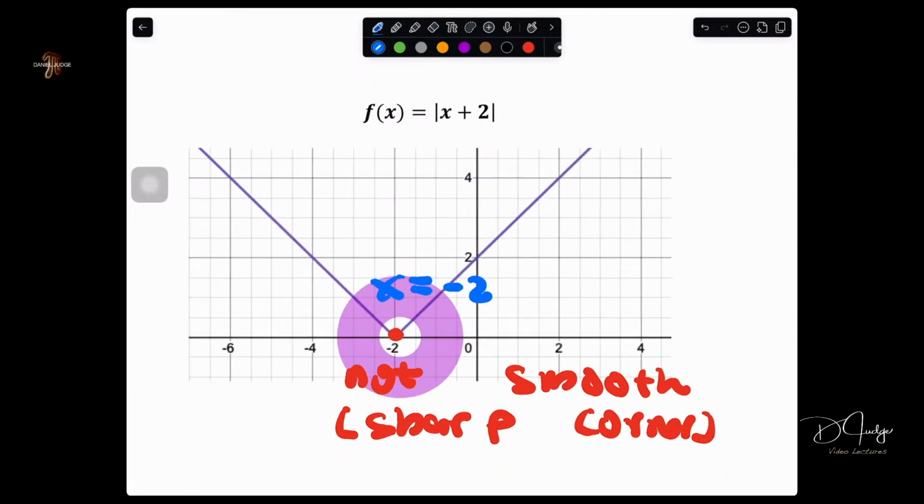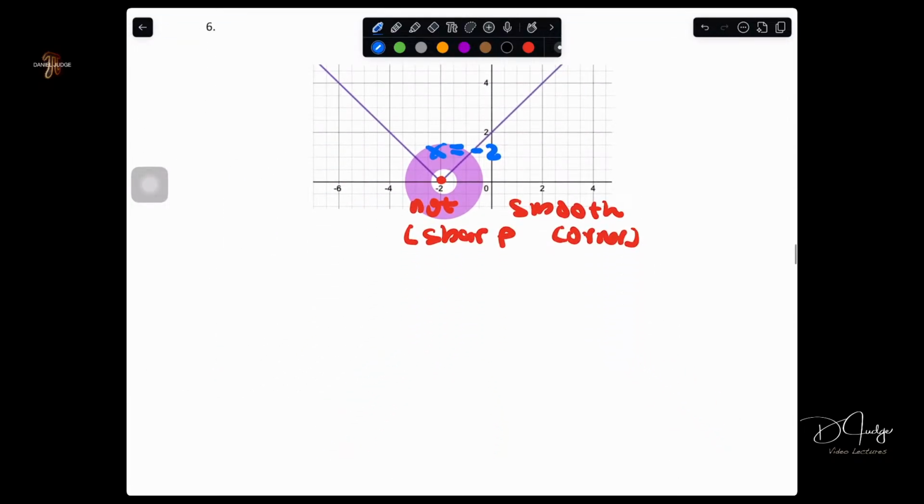Got a sharp corner there. It's smooth everywhere else, except at negative 2. So we say f is not differentiable at x equals negative 2.